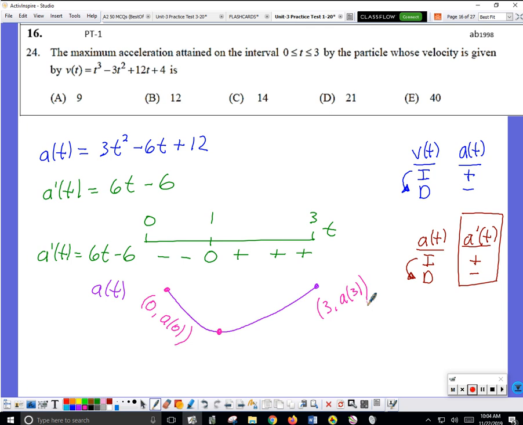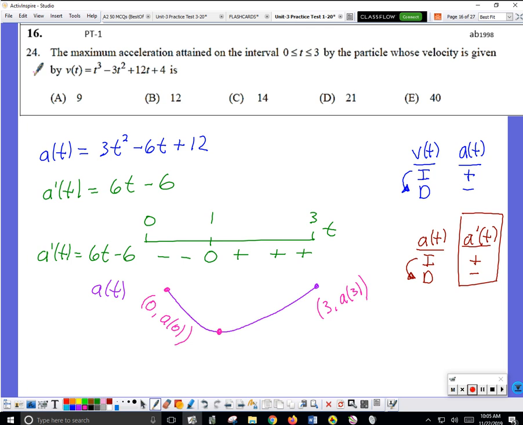Here's where a lot of people make another mistake. Because they're not thinking as they solve the problem, they just think they have to do stuff. They'll go, oh yeah, endpoints, 0 and 3, and they'll plug them into here. It's not thinking at all. It's just doing stuff.